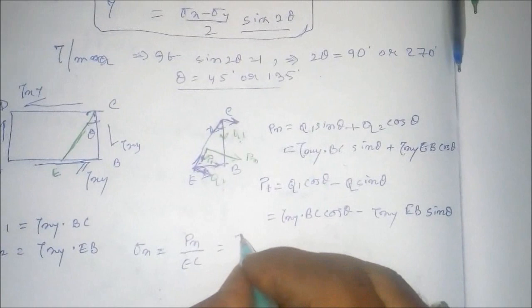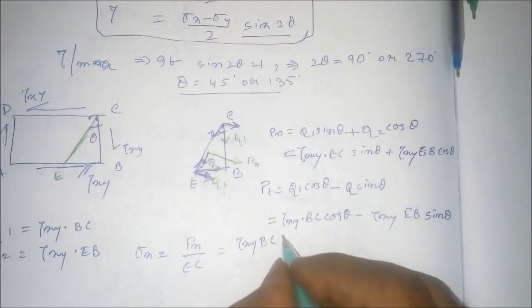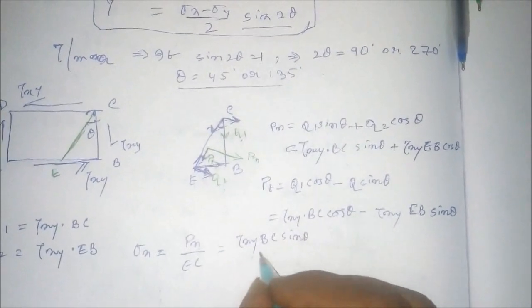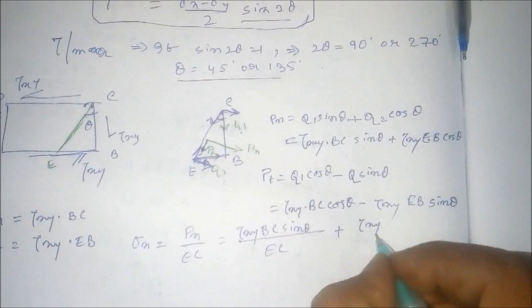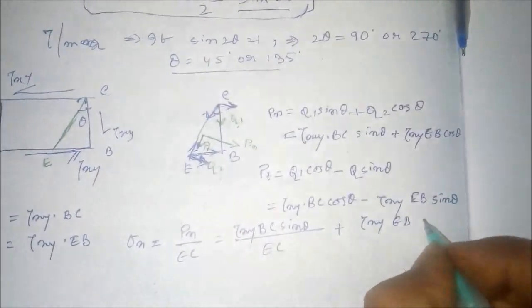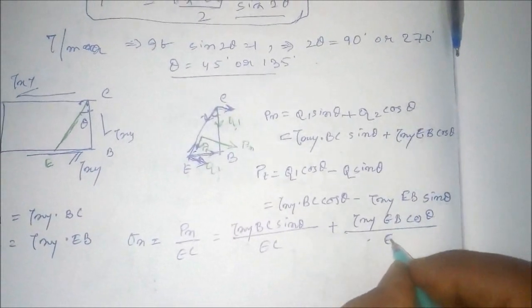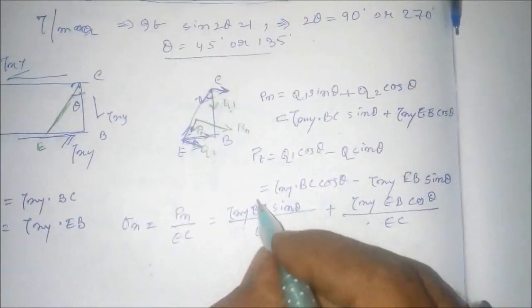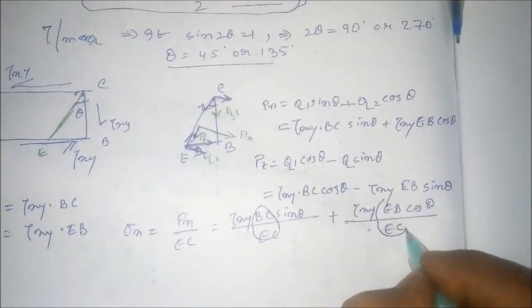We can say this will be tau xy BC sin theta divided by EC plus tau xy EB cos theta by EC.